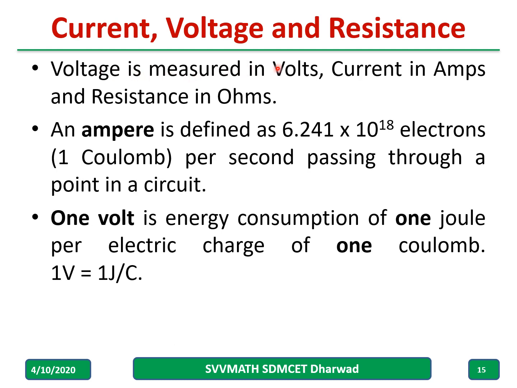Voltage is measured in volts, current is measured in amps and resistance is measured in ohms. 1 ampere is defined as, try to remember, 6.241 × 10^18 electrons per second, or 1 coulomb through a particular point in a circuit. 1 volt is the energy consumption of 1 joule per electric charge of 1 coulomb, or 1 volt equals 1 joule per coulomb.